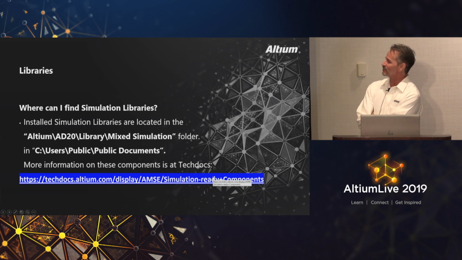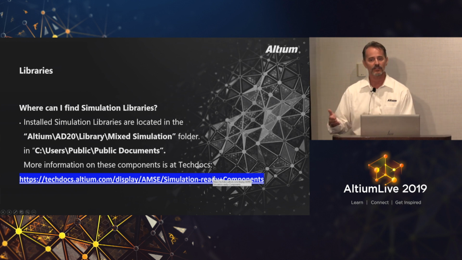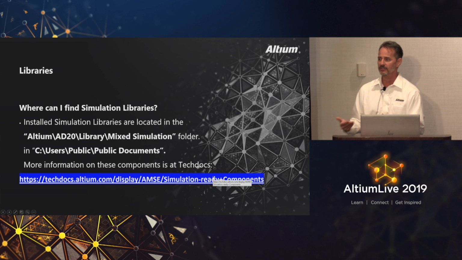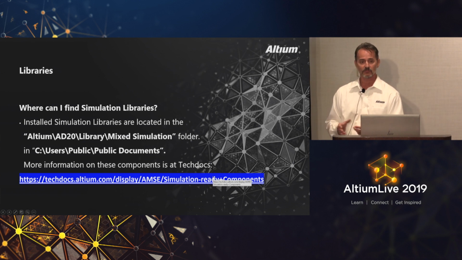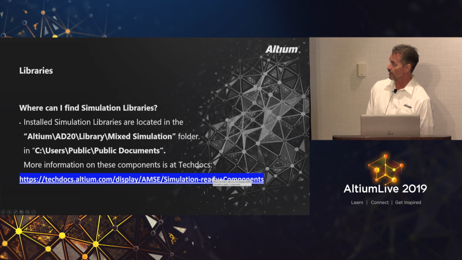But the way that Altium Designer works, when you install, it goes into the public documents under Users, Public Documents, and then it'll be version specific. So if you're using 18, it'll be /18, and you can specify that during the initial install, you choose the folder, and then it puts an associated version.